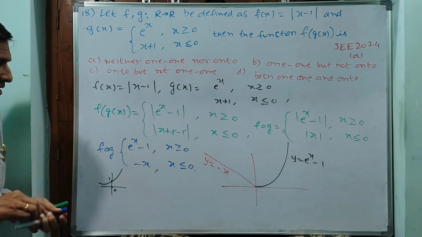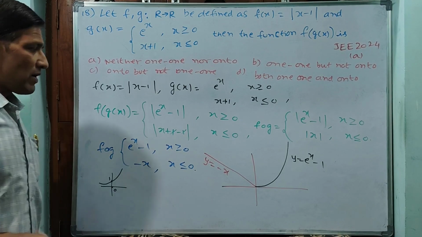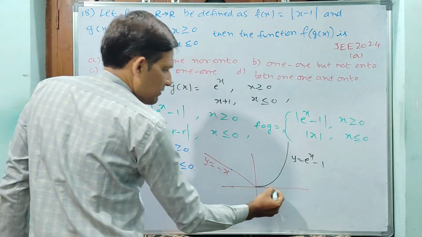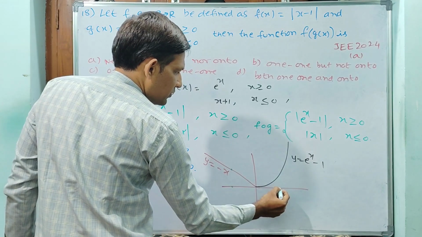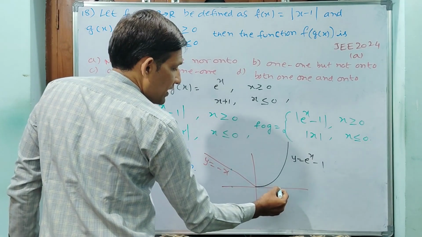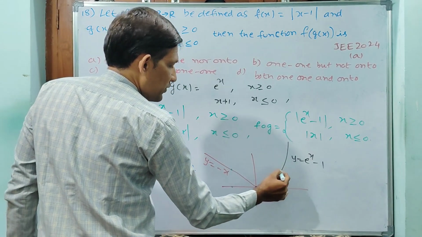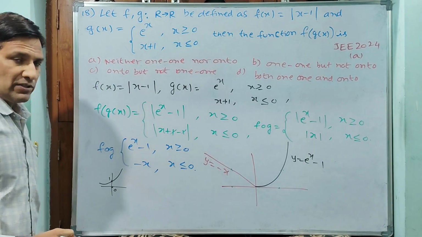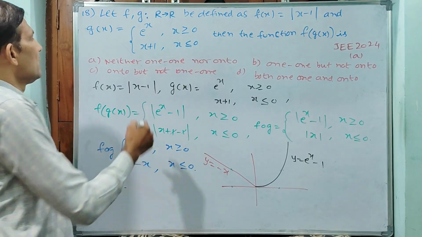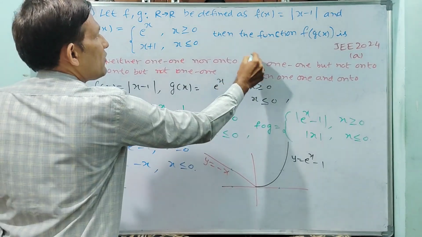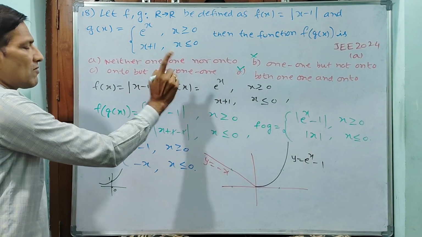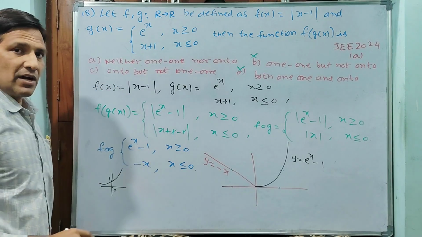Now you tell me, is this one-one? No. Why? Because if at x is some 2, some value will come, and at x is minus 2 also some value is going to come. That means both values are going to come. This is not one-one, this is many-one. Not one-one, but is it onto?